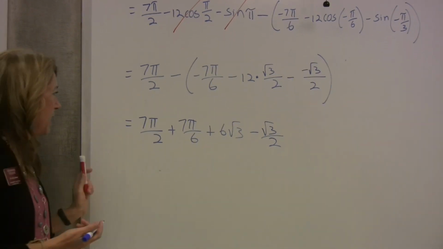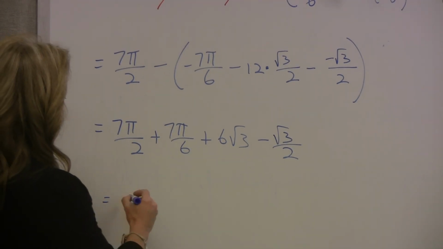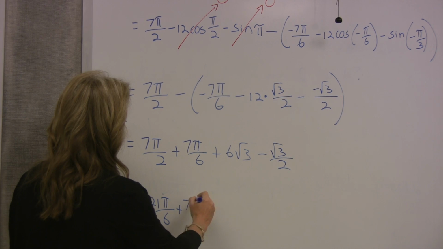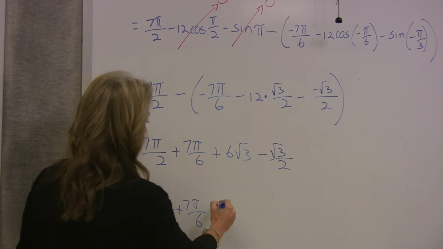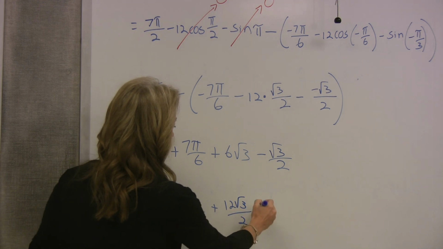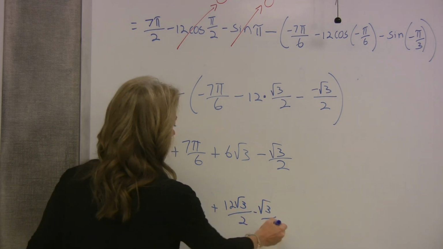My last step's going to be to get a common denominator. This is 21 pi over 6 plus 7 pi over 6. And I'll get a common denominator for these guys, 12 root 3 over 2 minus root 3 over 2.